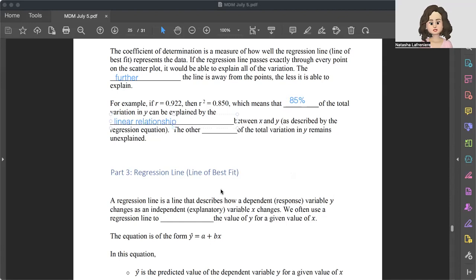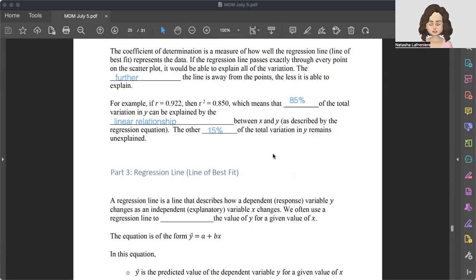So our coefficient of determination is our percentage of how accurate it's going to be. The other 15% of the total variation in Y remains unexplained.